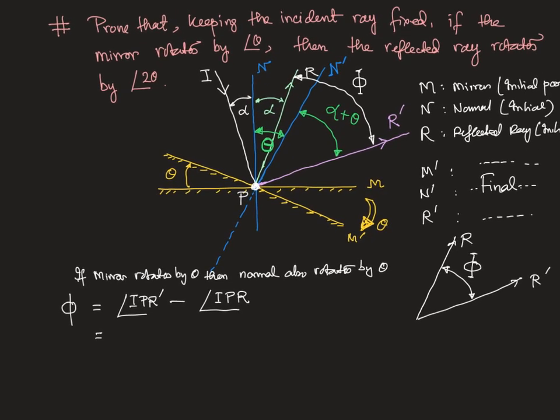So I P R dash is how much? Alpha plus theta plus alpha plus theta, minus IPR.